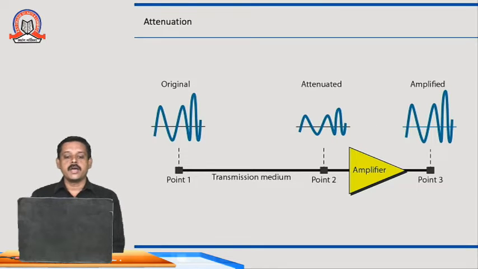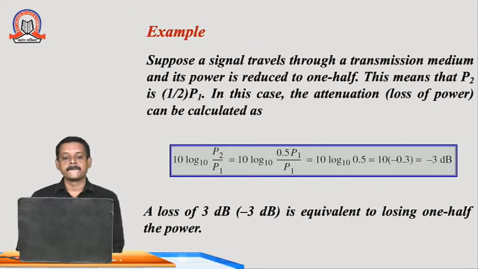As you can see, at point 1 we have sent the original message, and at a certain time it loses its energy. So we use an amplifier to regain the energy and it is transmitted toward the destination, point 3. As you can see in the figure, the original message and the message after amplification at point 3 are the same. Let's see one example of how to calculate the loss of energy.